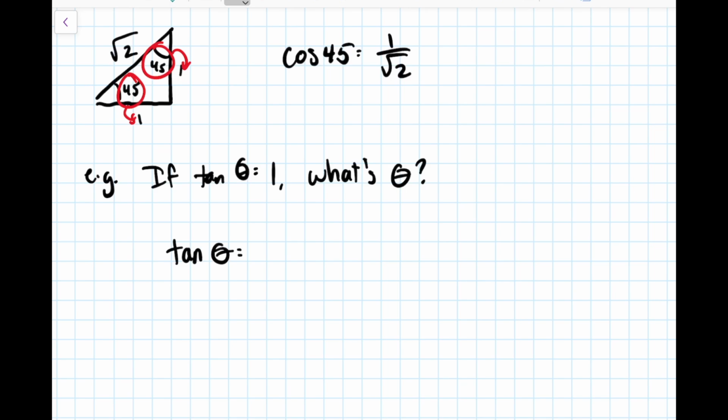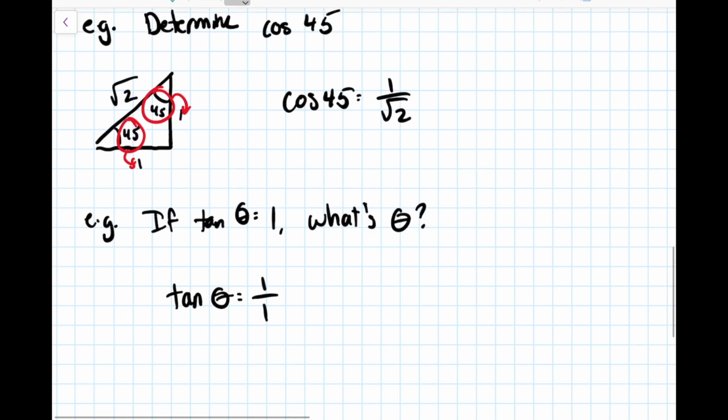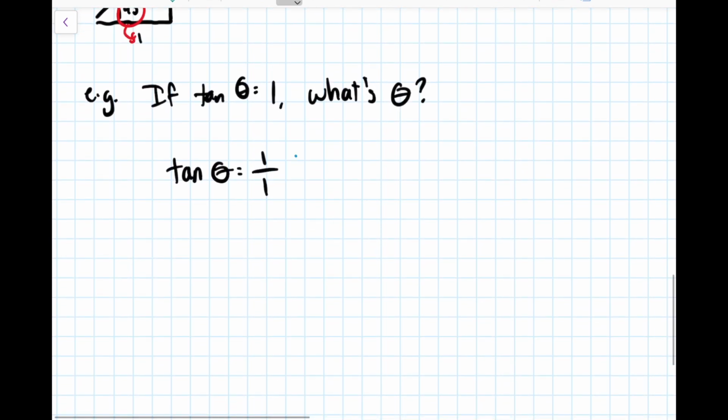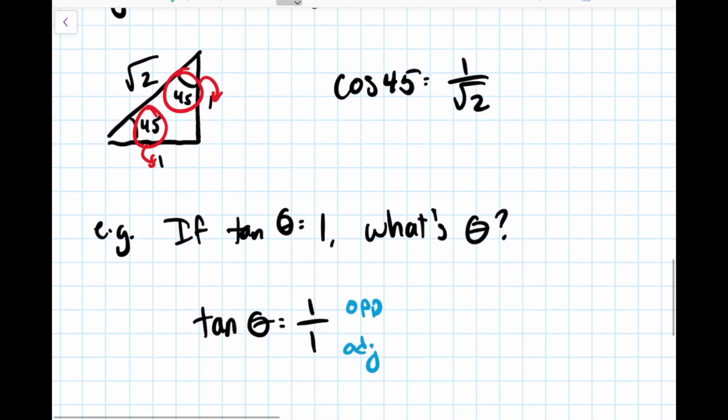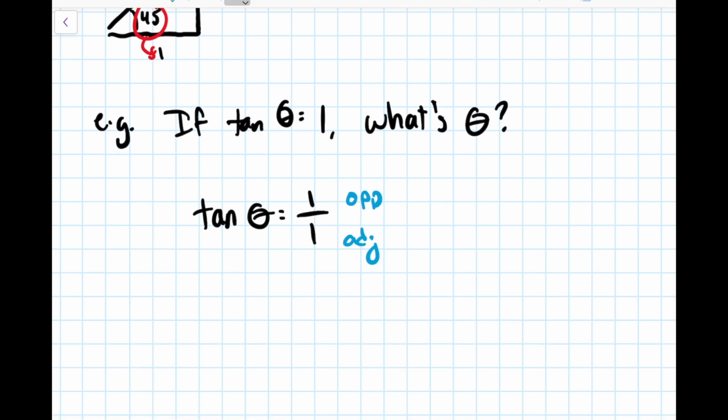So if opposite over adjacent is 1, that's really going to be 1 over 1, right? We want to write it as a fraction. And so then we go back to our triangles and say, okay, well, if this is my opposite and this is my adjacent, then the only angle that has an opposite and an adjacent of 1 is 45 degrees. So the only way this works is if theta is 45.